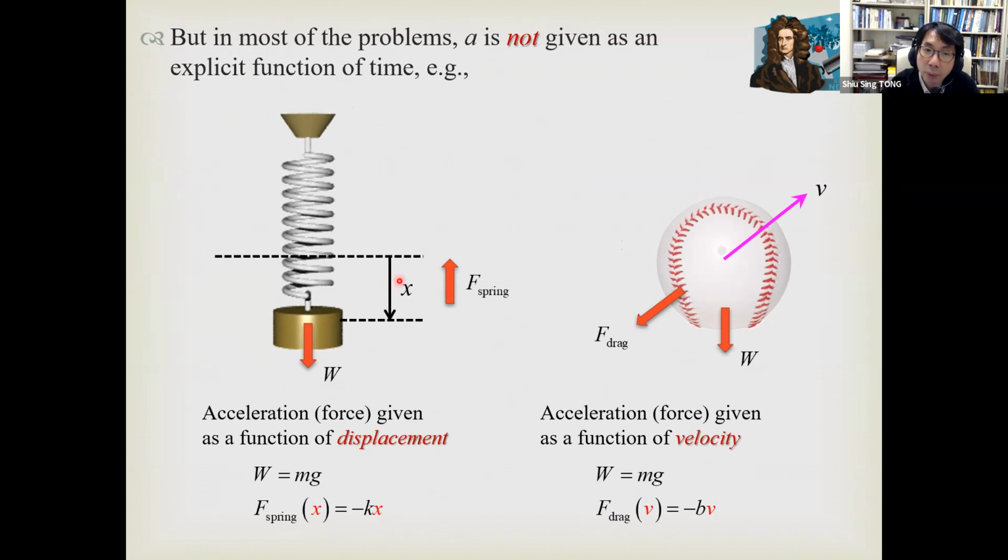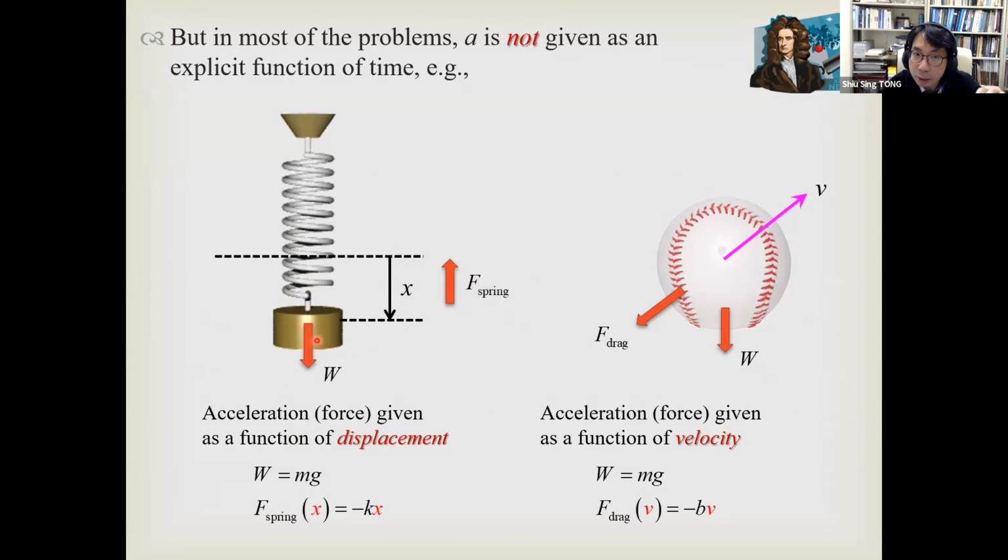Say, for example, this is a spring-mass system. You might have seen this in high school. You have a spring, and you tie a mass at one end, and so the mass will oscillate on the spring. You can notice that the force due to the spring on the mass is a function of the displacement.